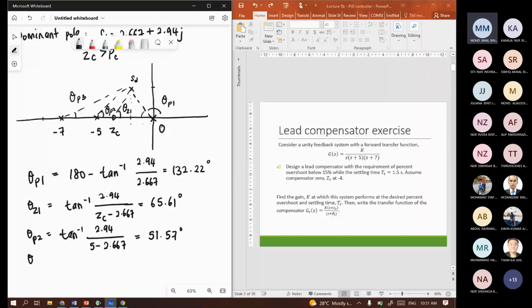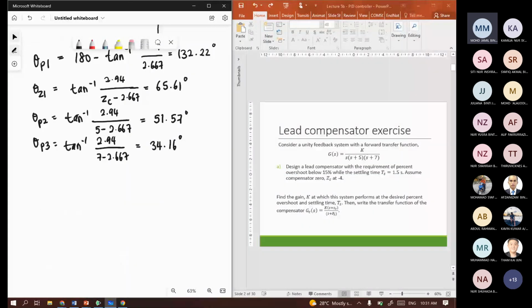And lastly, theta P3. And then you sum them up to make sure they equal 180 degrees.